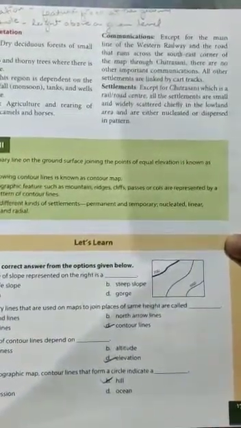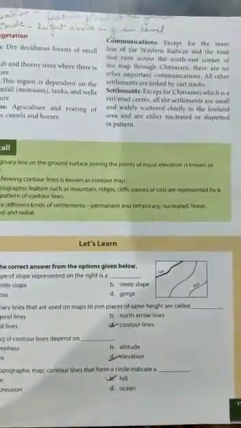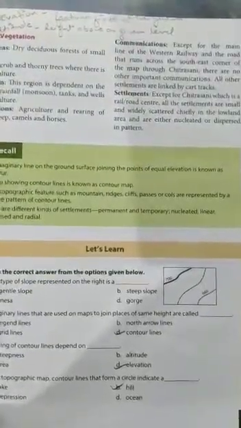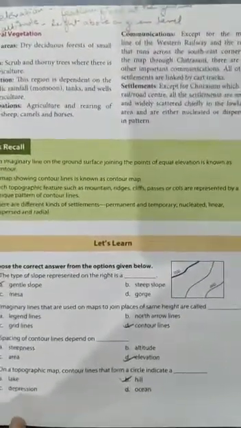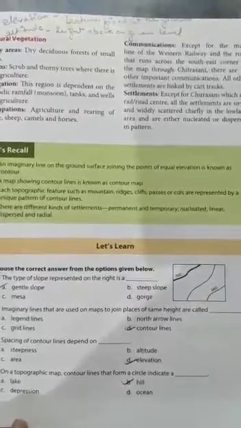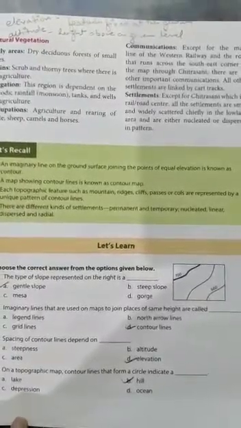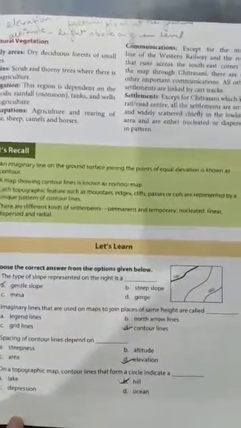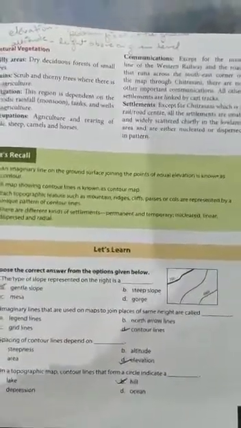Now this region is dependent on the periodic rainfall, that is the monsoons, tanks and wells for their agriculture, for water supply. Now what are the occupations carried out there? So the occupations are agriculture and rearing of cattle, sheep, camels and horses.